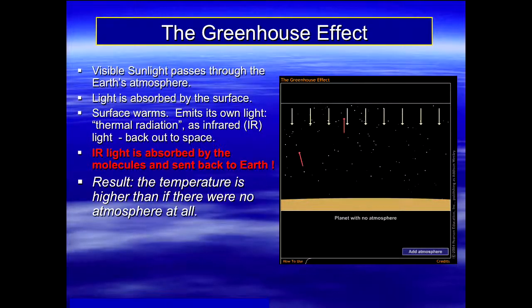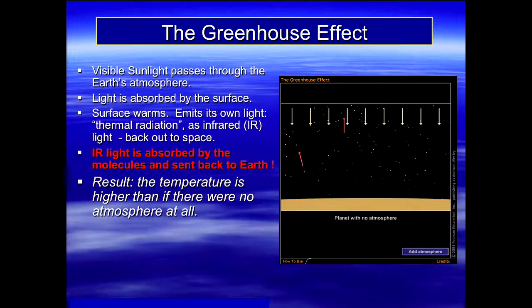And by the way, when I say frigid, I don't mean it would be uncomfortable. At minus 17 degrees Celsius, if the Earth had no greenhouse effect at all, the oceans would be frozen. The lakes would be frozen. The rivers would be frozen. All the water on the Earth would be absolutely solid ice, and life as we know it would be impossible.